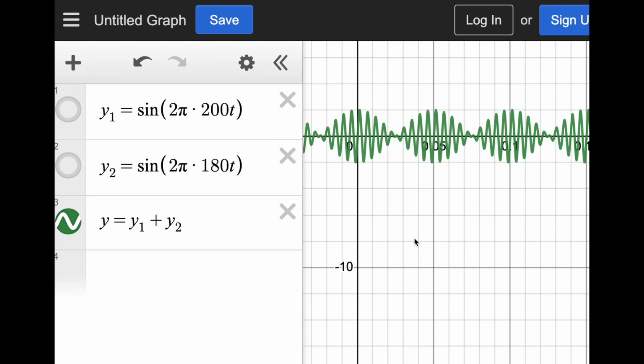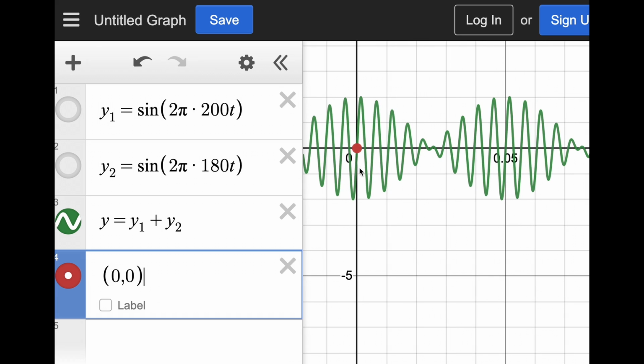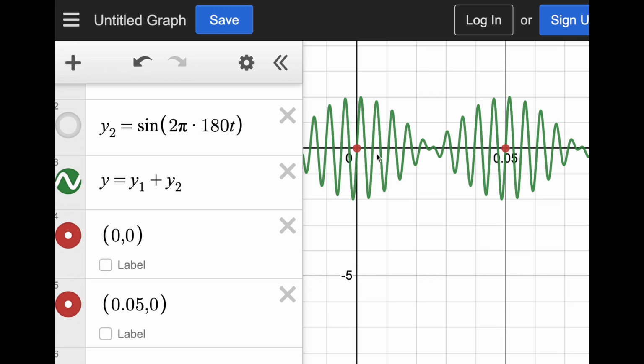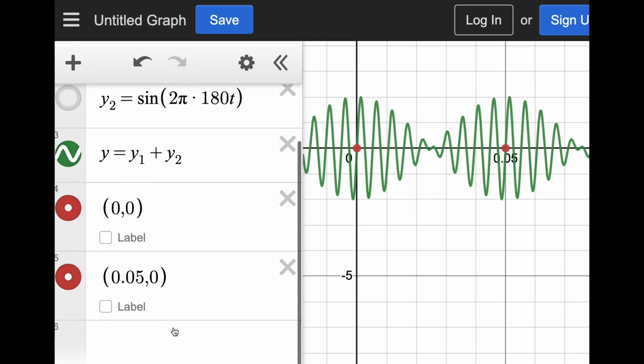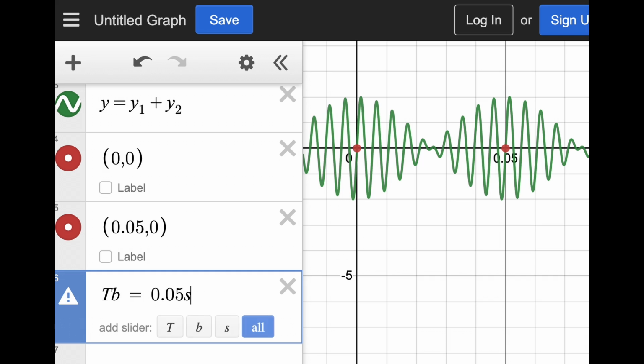If we go to the graph, we should be able to identify the period between the beats. It looks like one point of constructive interference is at 0, 0. The next constructive interference happens at 0.05. So the time between these would be the period of the beats, 0.05 seconds.